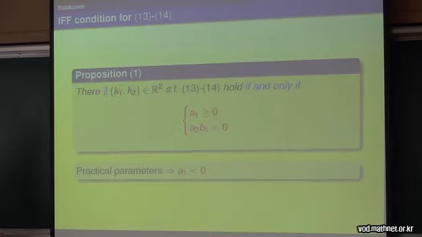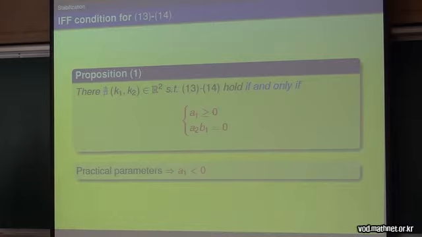And here we have a proposition concerning the criteria: the criteria 13 and 14 are not true if and only if the coefficients a1, a2, b1 satisfy this inequality. On the contrary, if the red condition is not valid, then we can find suitable K1, K2 such that the system is stabilizable.